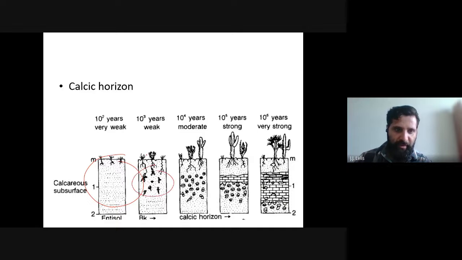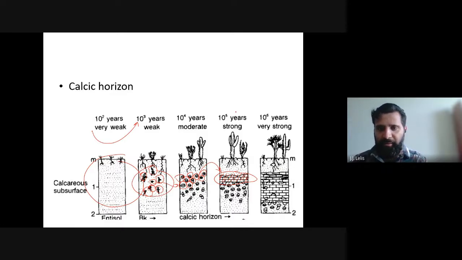And we can see in a fraction of hundreds of years and thousands of years the formation of discrete mottles, and they could evolve into discrete bodies that could be concretions or nodules of calcium carbonate, and then they could evolve to a thin layer of calcium carbonate in the soil profile by the amalgamation, the union of all these concretions or nodules, and in a fraction of thousands of millions of years, we can see a very thick layer of calcium carbonate concretions.